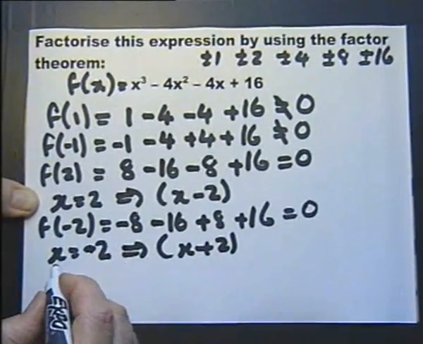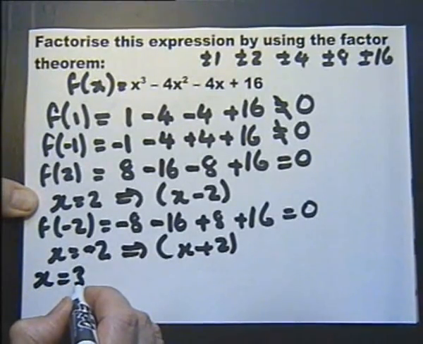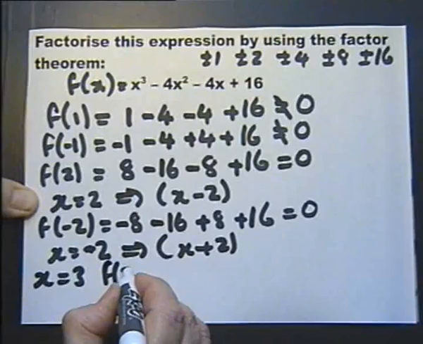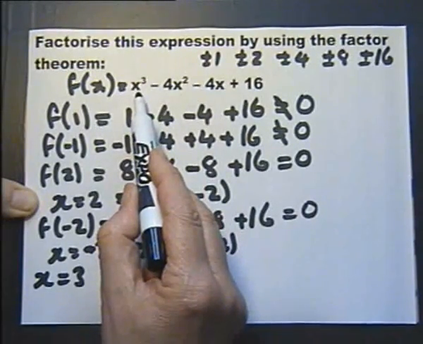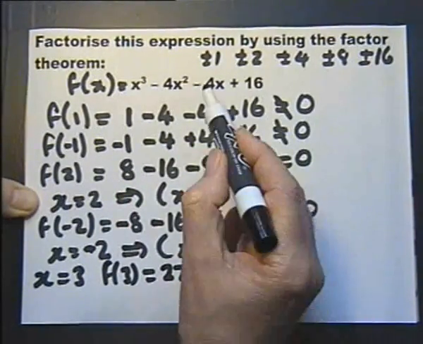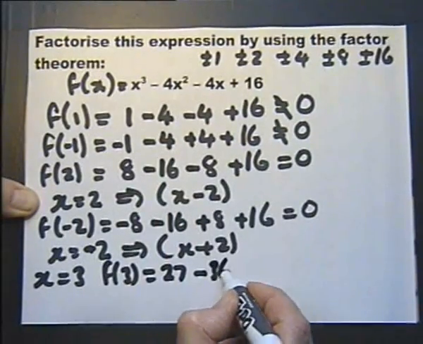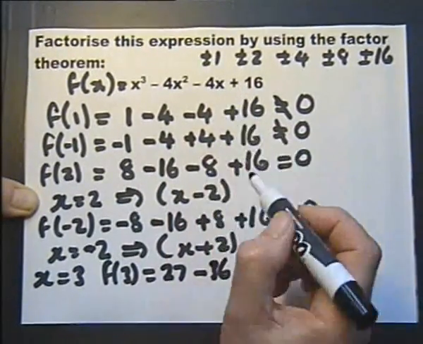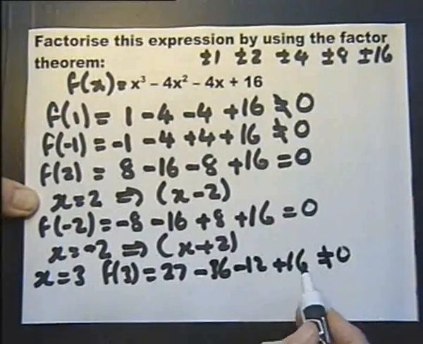Now let's try x equals 3. In other words, we will be working out when x equals 3. So you get 27 minus 9 times 4, which is 36, minus 4 times 3, minus 12, plus 16, that doesn't come to 0.